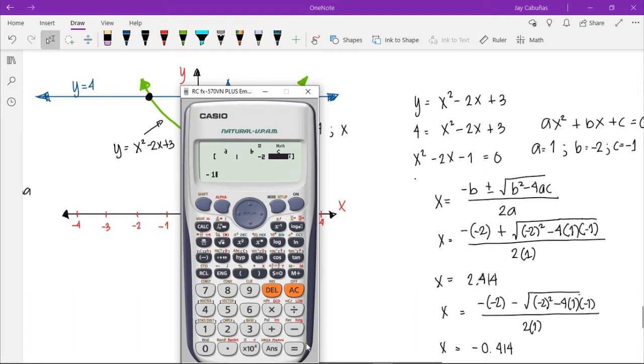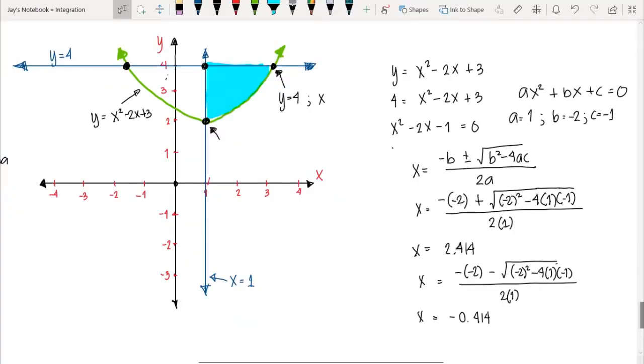Correct? And then you have the value 1 plus square root of 2, that is 2.414, and then the second value of x, which is negative 0.414. So at this point, when your y is equal to 4, your x is equal to 2.414. Now, the location of negative 0.414 is on the left side.